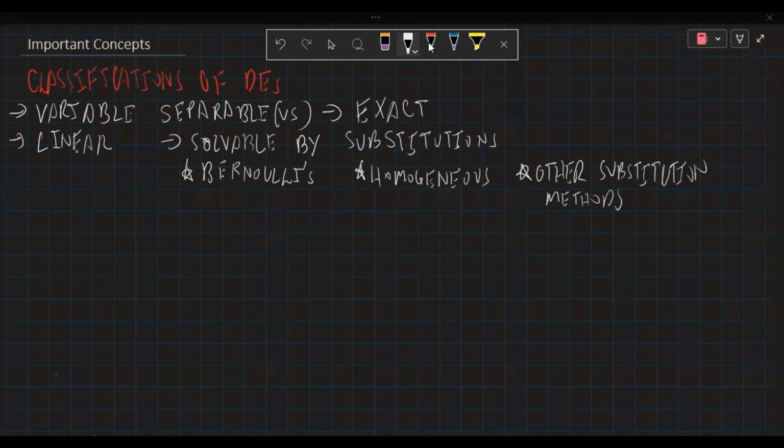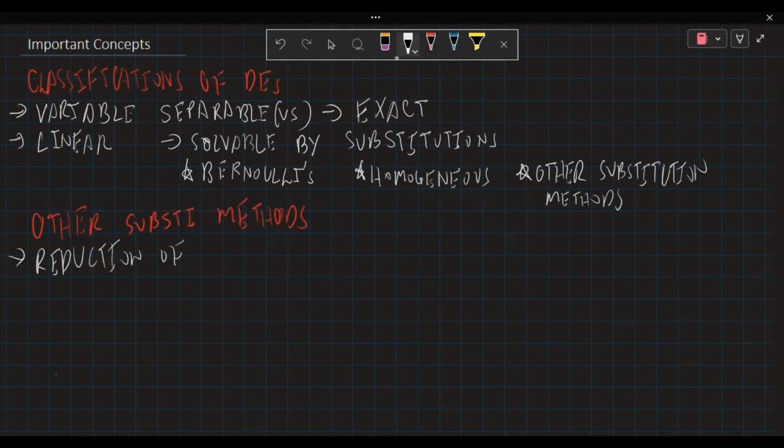Our final classification is other substitution methods. There are two in particular that you will see in quiz 1. The first is reduction to separation of variables.